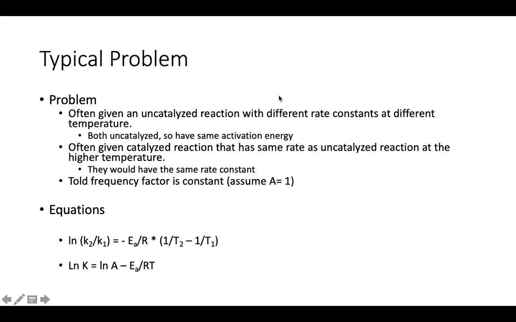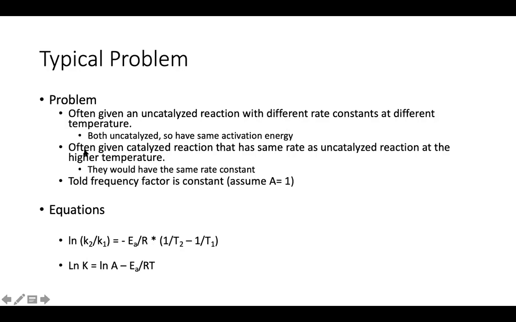Okay, and so this information for the uncatalyzed reaction, you could plug in to this first equation that I wrote down here. As you can see, this equation incorporates two rate constants, each associated with a different temperature.